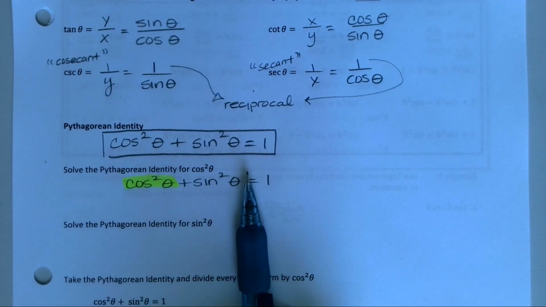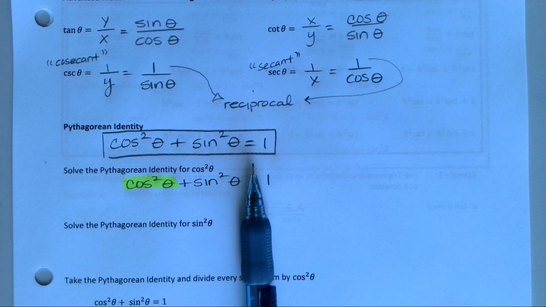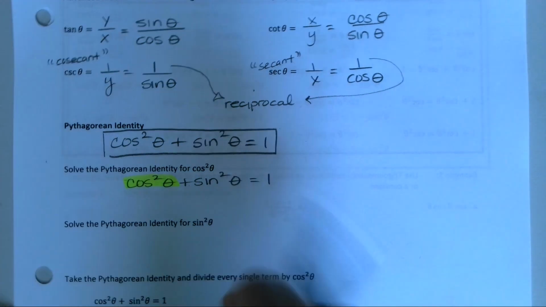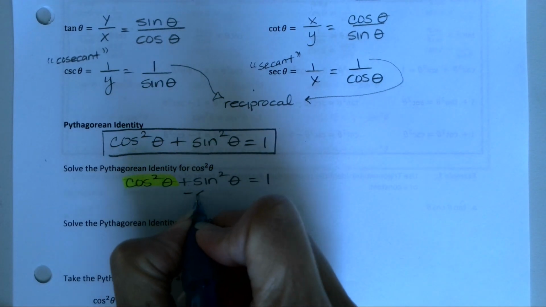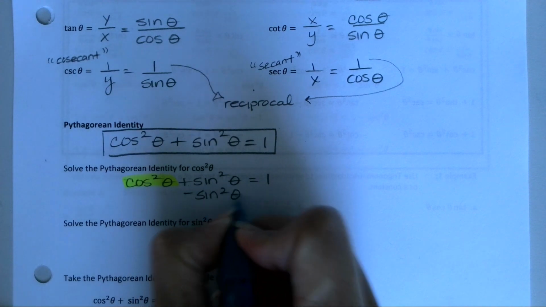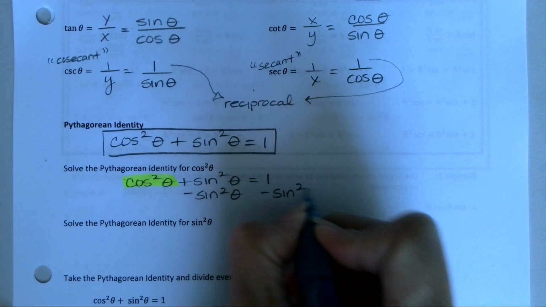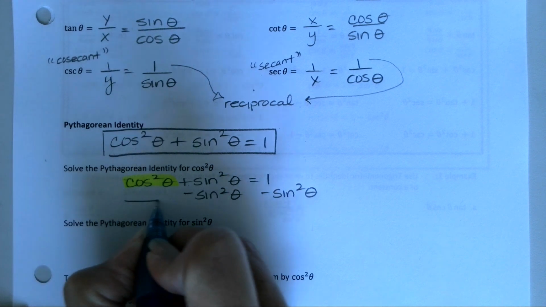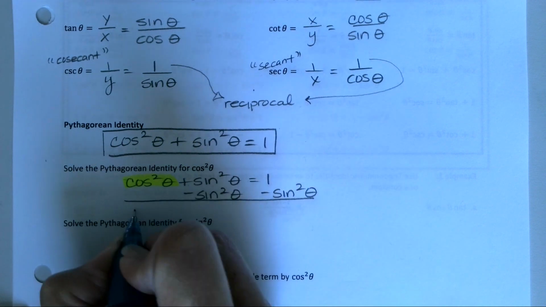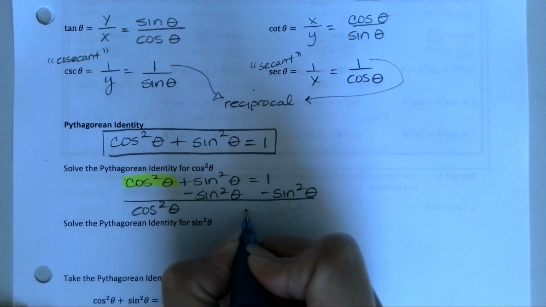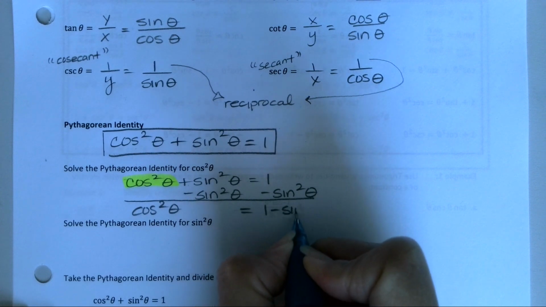If I have my equal sign represented by my pencil, right now, cosine squared is not isolated. It hasn't been solved for. So what do I need to do to both sides? Subtract sine squared. Good. So I'm going to subtract sine squared on both sides. And now the cosine squared theta is all alone on one side.